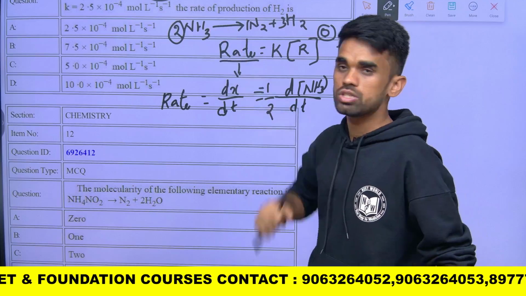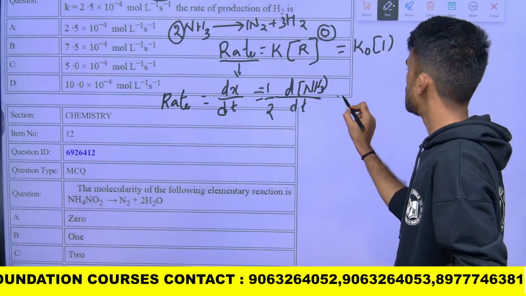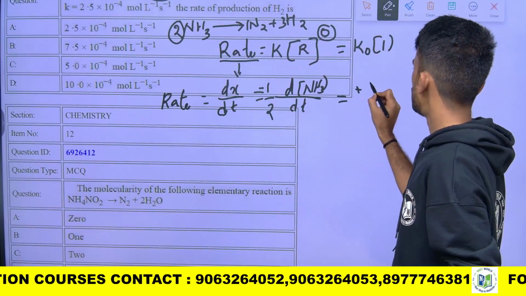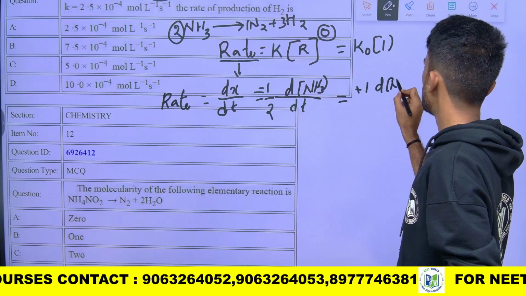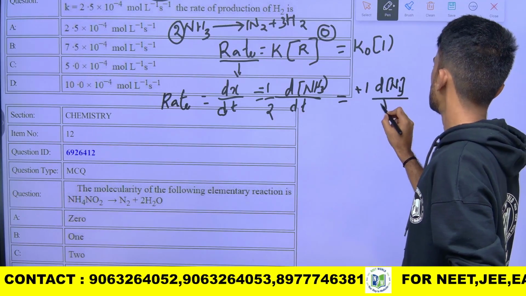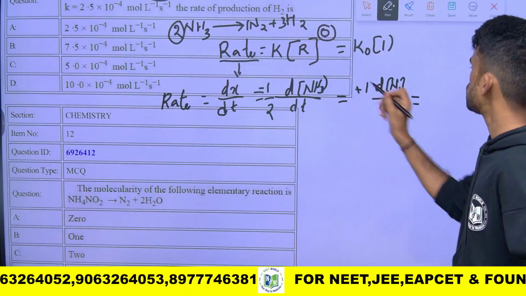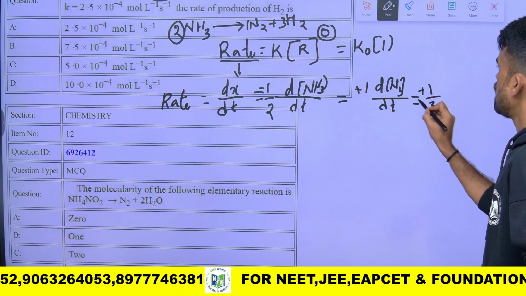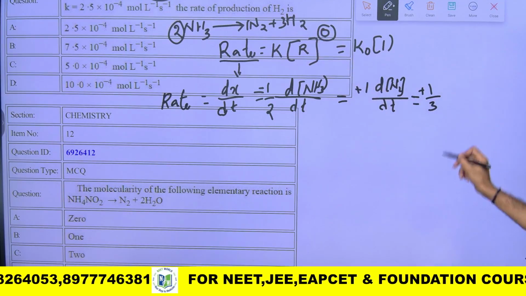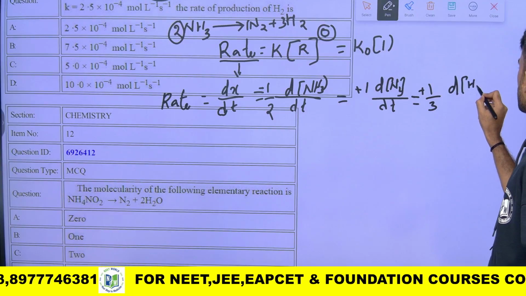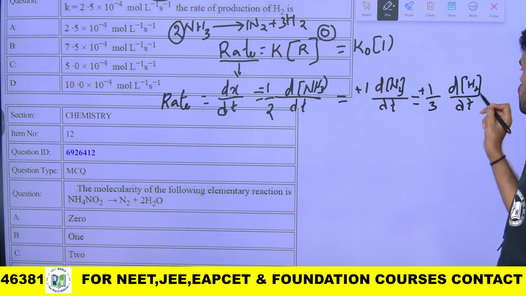That is the decomposition of ammonia. What is forming here? It is plus 1 dN2 by dt. 1 by 1 means 1 only, that's why I am writing like that. For H2 what is the coefficient here? We have 3 and this is forming. So 1 by 3 dH2 by dt. This is how you need to write.